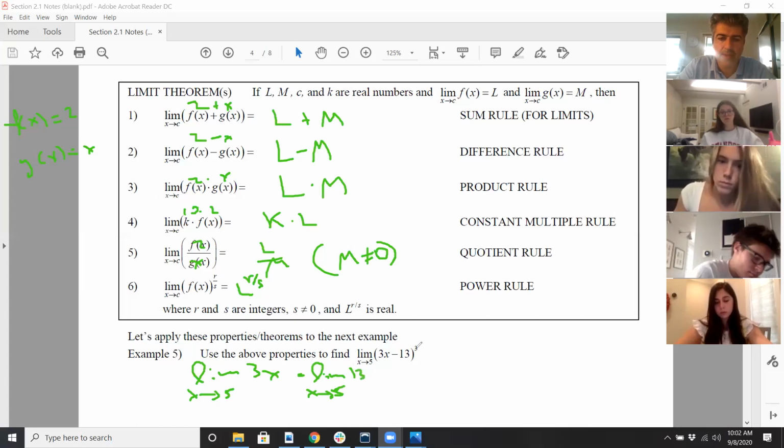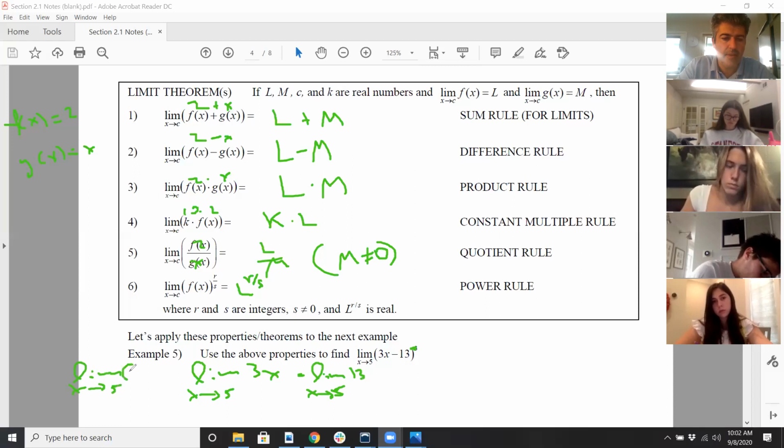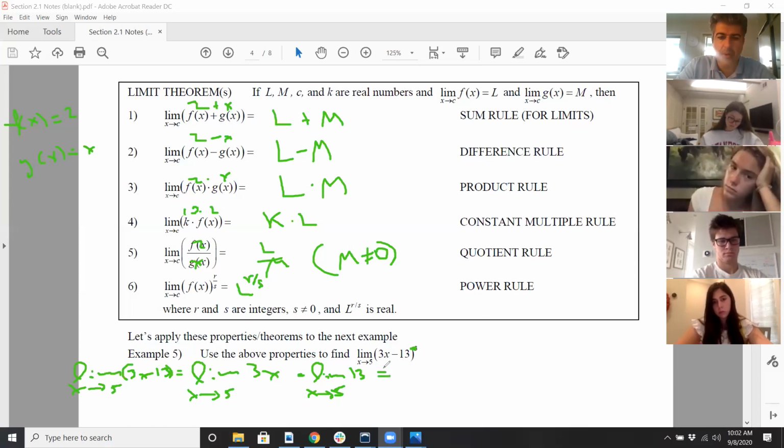And let's ignore the exponent for now. So this would be the same thing as the limit as x approaches 5 of 3x minus 13. So you could think of 3x as being one function, 13 as another function. You're subtracting those two. Well, I know that this could be broken down even further.